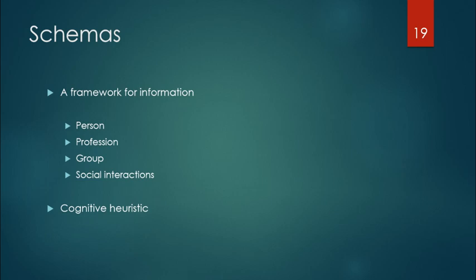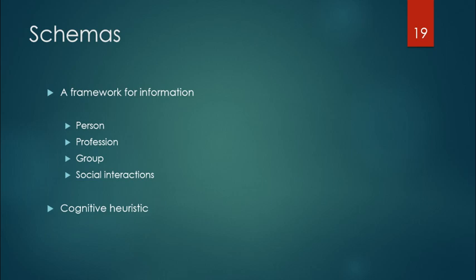Maybe they have a kid by their side. Maybe they're actually holding a baby. Maybe they're feeding a baby. But we have a bunch of different things that we associate, different semantic constructs that we associate with this idea of a mother. We also have schemas for a profession.